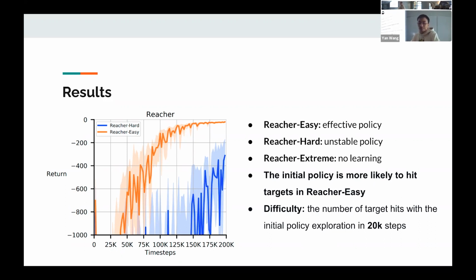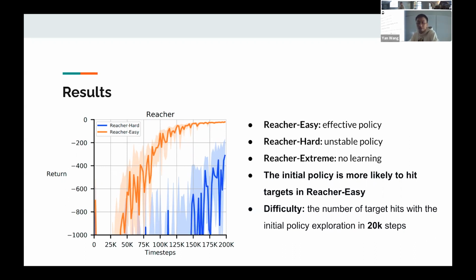One possible explanation is that the initial policy can stumble upon the target more frequently in the reacher easy compared to the reacher hard. To test this explanation, we use SAC to solve the reacher extreme task, whose target is virtually a point on the plane.